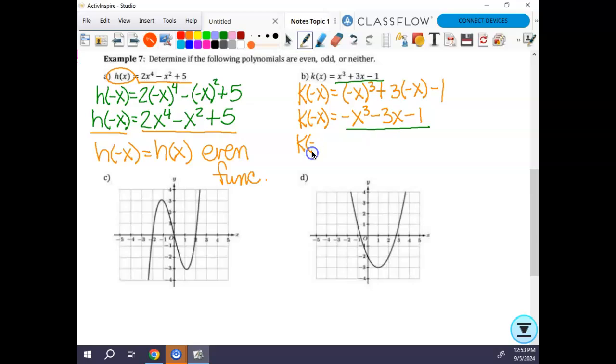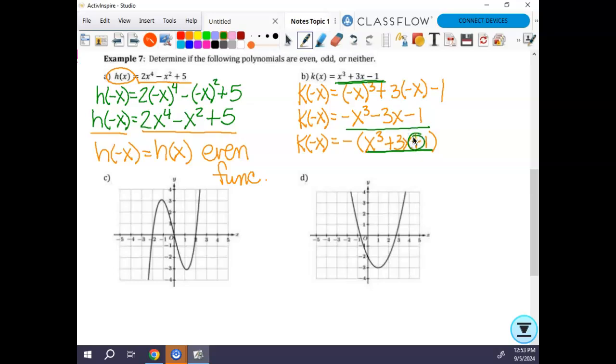Now, because the answer is no, we factor out a negative. And then this is going to leave us with x cubed plus 3x plus 1. Then I reevaluate. Now, does what's inside the parentheses look exactly like this? No. It's close, but look at this, right?